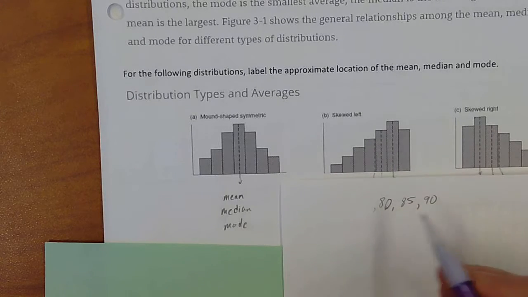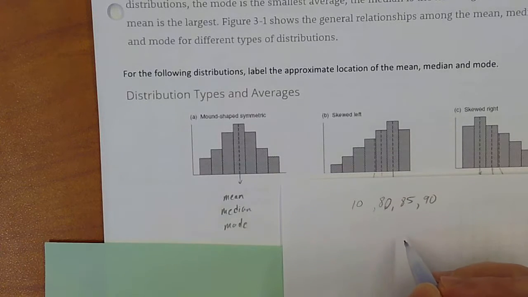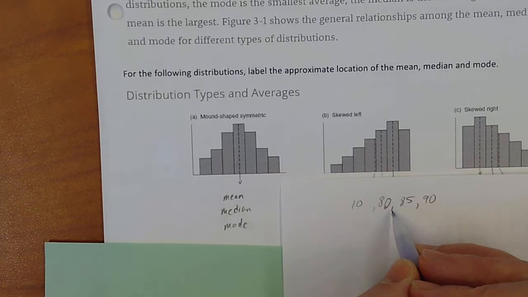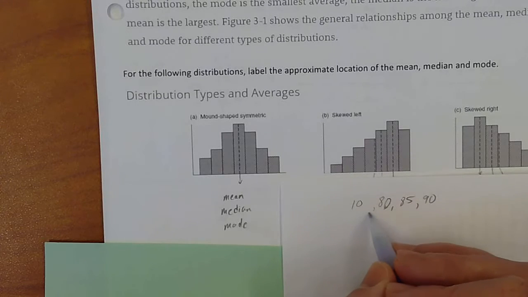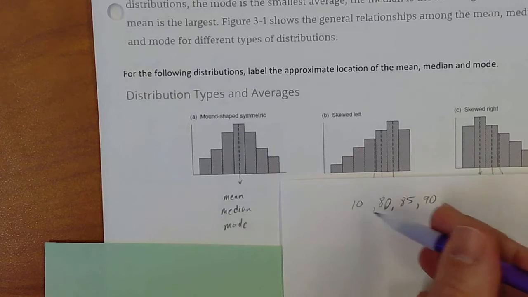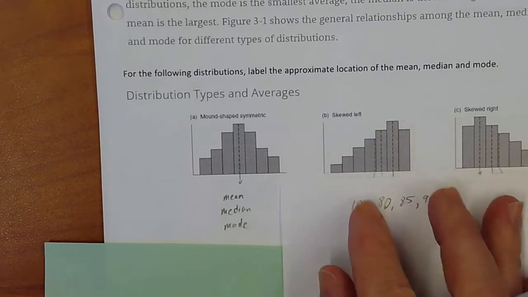But then if I add a very low score, like 10, how did that affect the median? The median now is just going to be 82.5, right in between these two. However, the average is affected a lot. It's going to be pulled more towards the lower values, or the tail of this skewness.